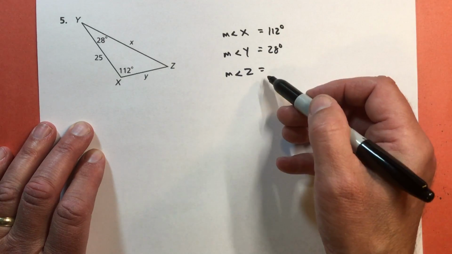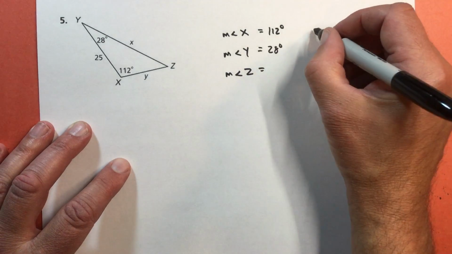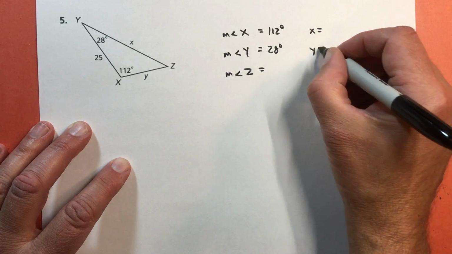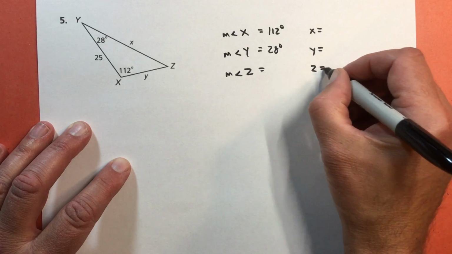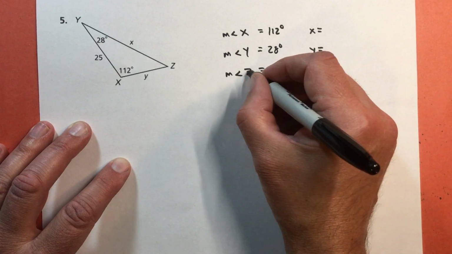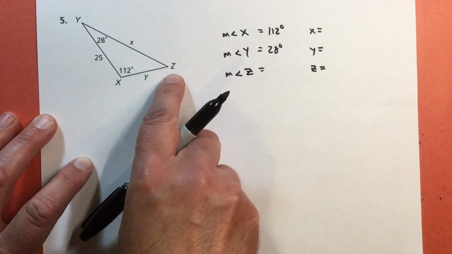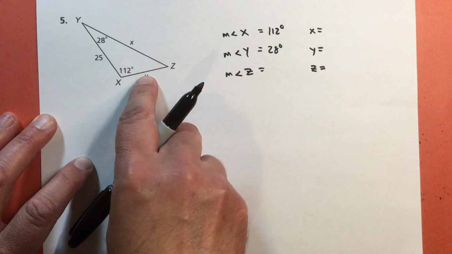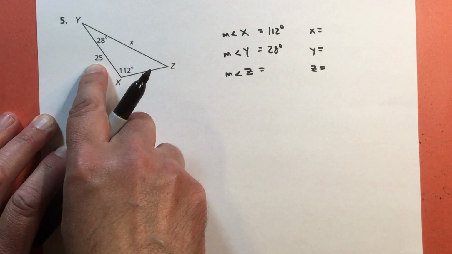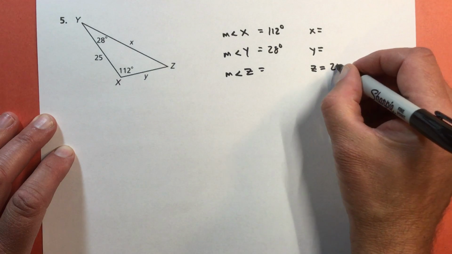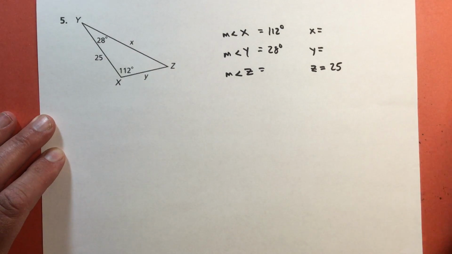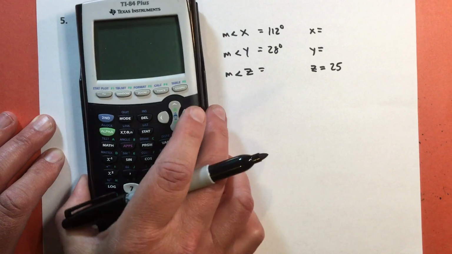So we're going to add to find out angle Z. Side X, side Y, side Z. I usually draw lines through the Z's so they don't look like 2's. Angle Z is here. Here's X and Y, which we don't know, so this has to be Z, which is 25.